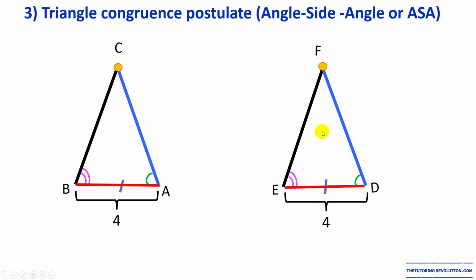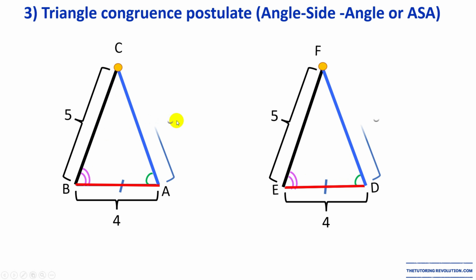This distance and this distance are the same. And the black segment and the blue segment are also going to be measuring the same. So basically, if we have an angle, a side and an angle, and it's the same on the other triangle, we know that the other two sides are going to be congruent to each other as well, because the corresponding distances are going to be basically the same.